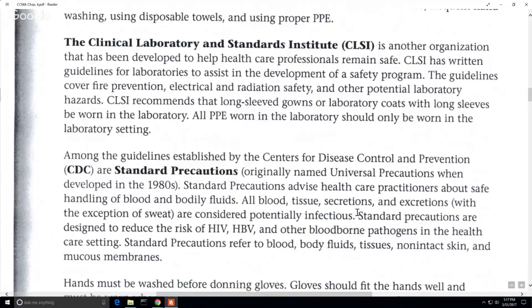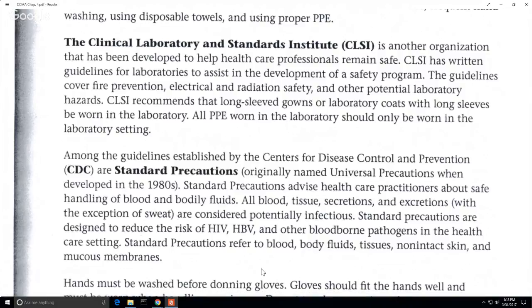So standard precautions are designed to reduce the risk of HIV, human immunodeficiency virus, and hepatitis B virus, HBV, and other blood-borne pathogens in the healthcare setting.